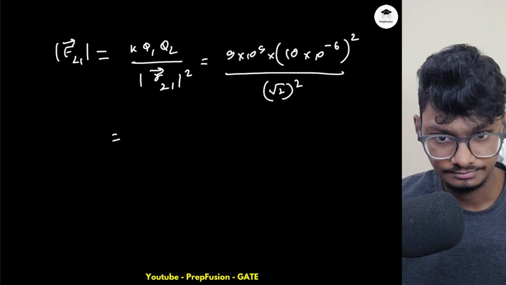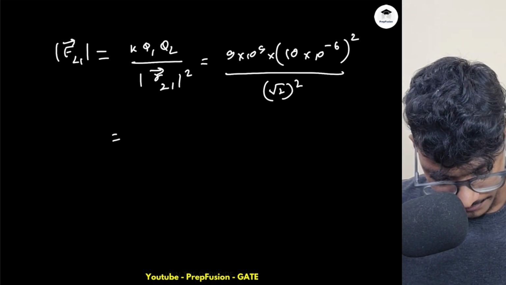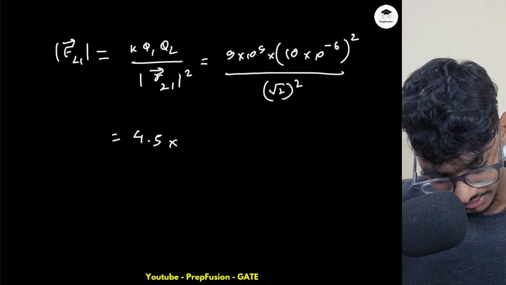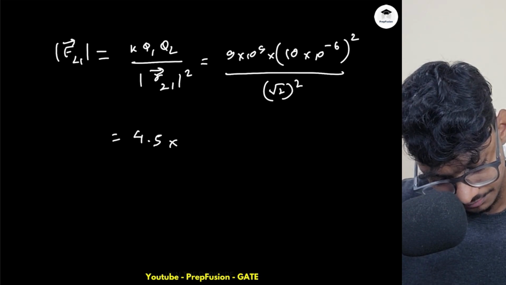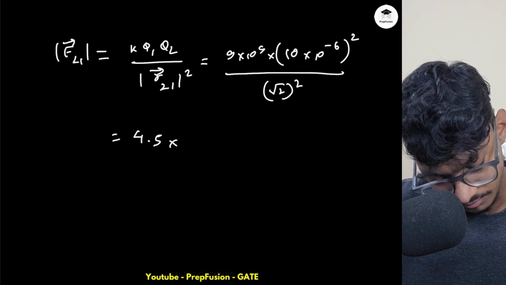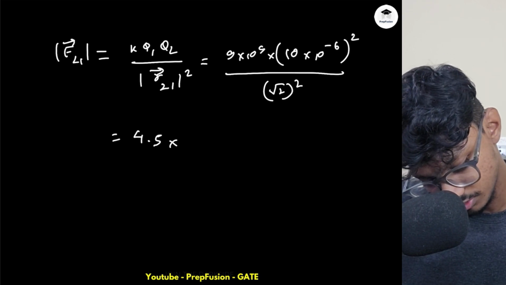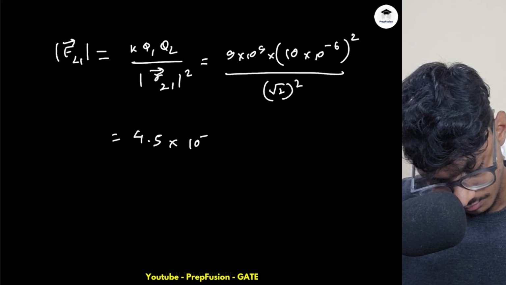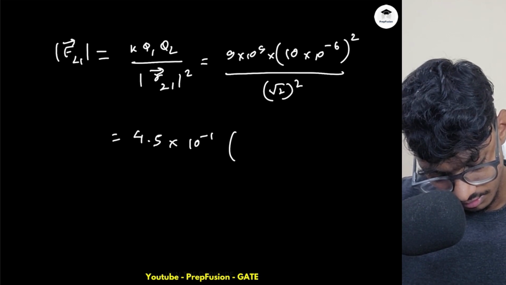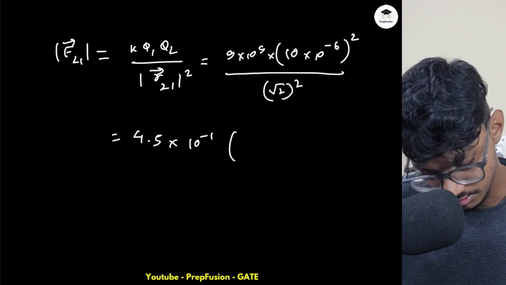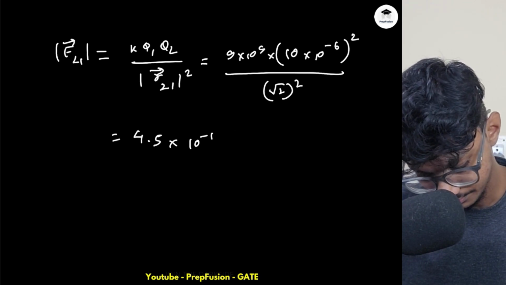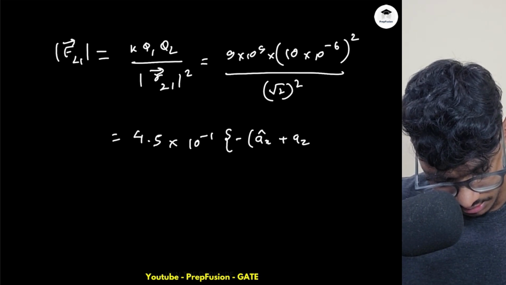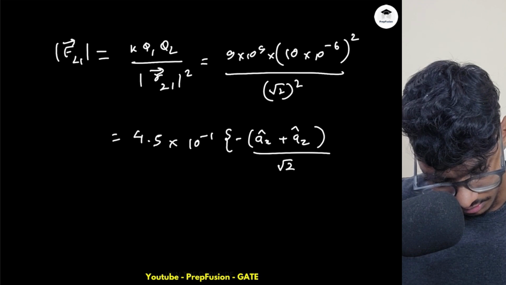This will come out to be 4.5 into 10 raised to power minus 1, into minus ax cap plus az cap divided by root 2.